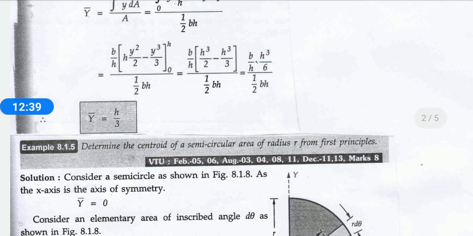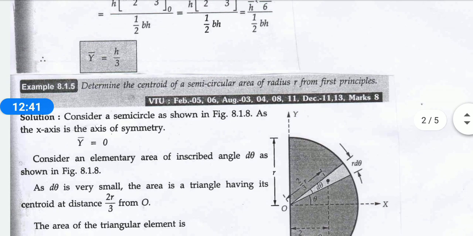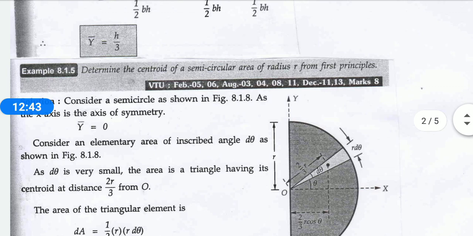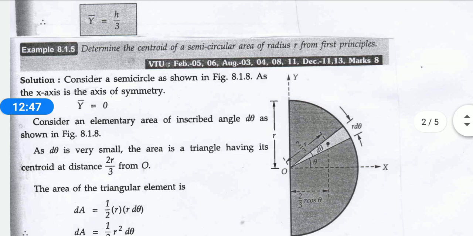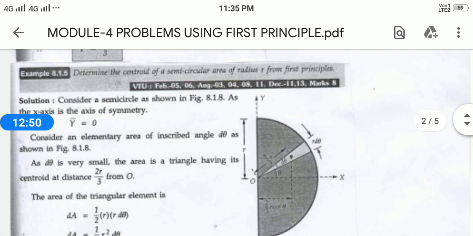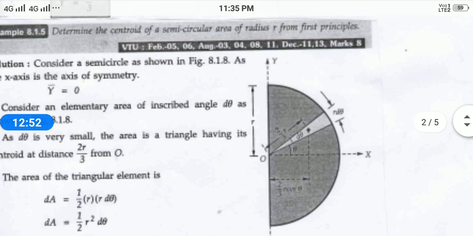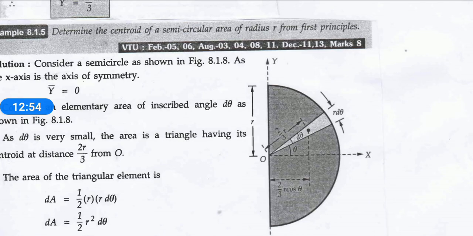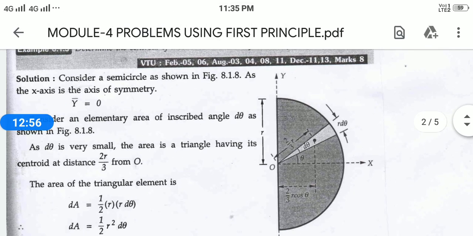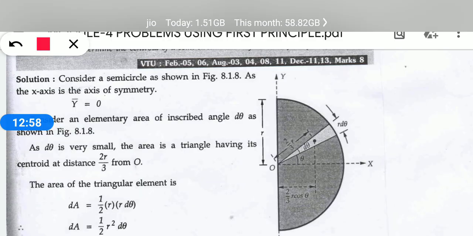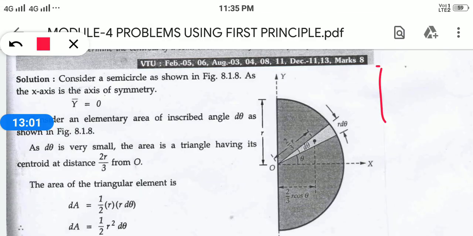Next problem we are seeing for a semicircle. Determine the centroid of a semicircle area of radius r from first principle. See here, now we are not taking a stripe like x and y. We are taking theta into consideration. Why? Since it is a curved edge, if it is a square or rectangle, we are considering one stripe over here, and if we move it to any direction, we can get a whole element, right?